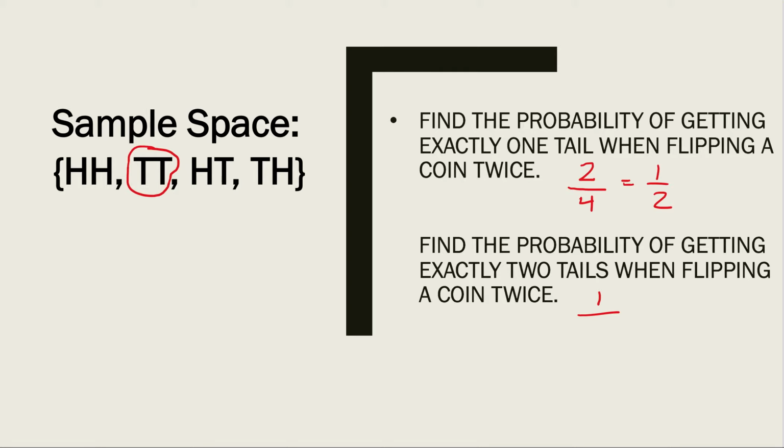And how many outcomes are possible? Again, the number of possible outcomes is the number of outcomes in your sample space. So we count 1, 2, 3, 4, and the 4 goes on the bottom. And so the probability of getting exactly 2 tails when we flip a coin twice is 1 out of 4.